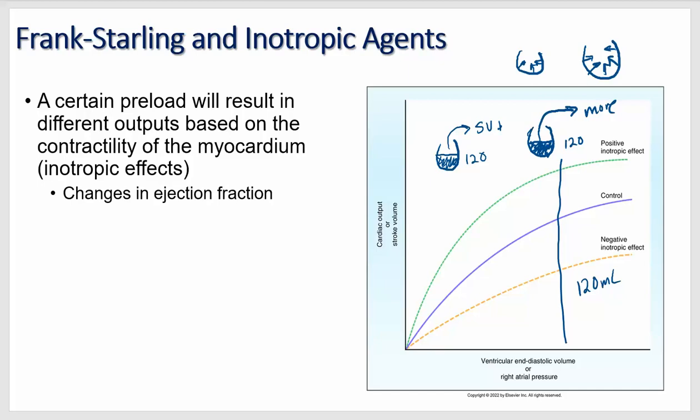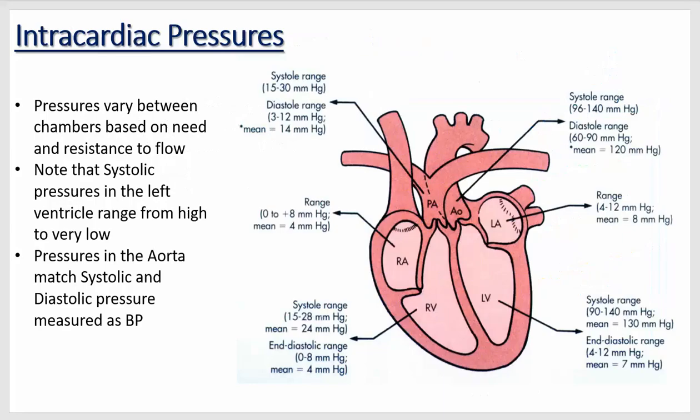All right, so that's what this graph is showing. It's saying negative inotrope. So if we have the control or normal before any kind of treatment, that's what our graph looks like. Meanwhile, same volume, with a positive inotrope, you're going to have more output, and you're going to have less output with a negative inotrope. Okay, kind of something we expect. All right, I'm not going very fast.